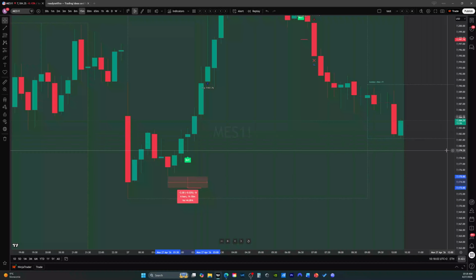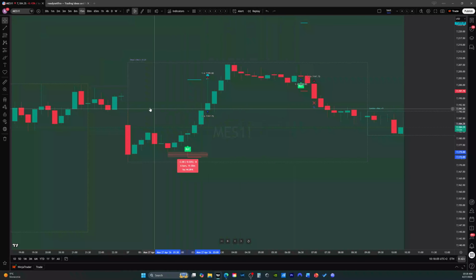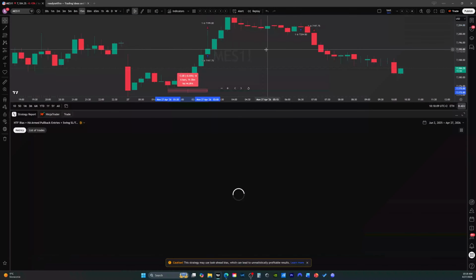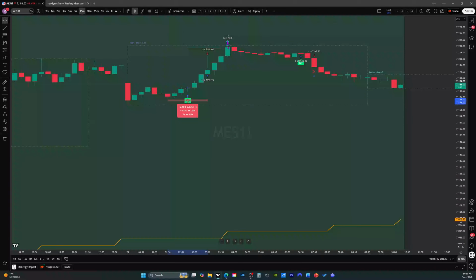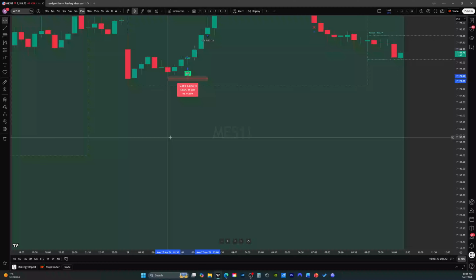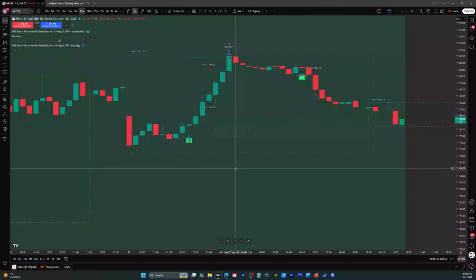If I put back the original settings, it would have hit the take profit of 100 ticks just perfectly. I woke up, saw the notification, thought I entered, and I went back to sleep.